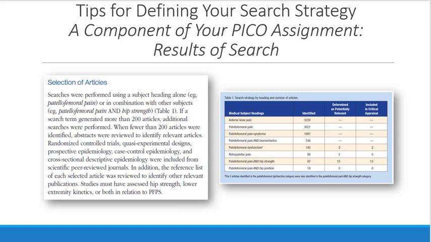When fewer than 200 articles were identified, abstracts were reviewed to identify relevant articles. And then I identified the specific articles that would be included. So in this systematic review, we allowed randomized controlled trials, quasi-experimental designs, prospective epidemiology, case control epidemiology, and cross-sectional descriptive epidemiology.